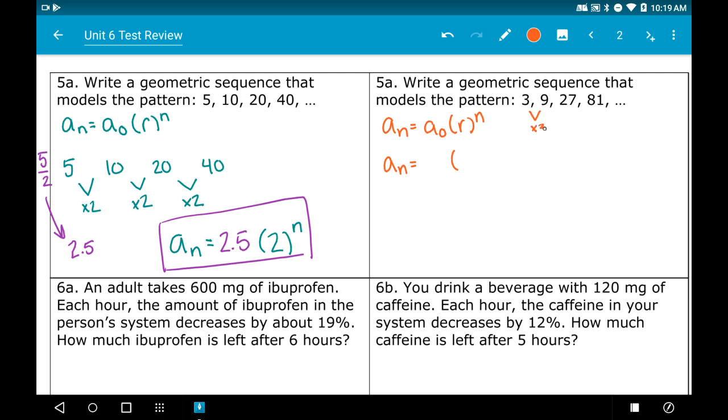Here it's times 3, times 3, times 3. So when you multiply by 3, that means our common ratio would be a 3 here. But now if I go backwards, I'm not multiplying by 3, I need to divide by 3. So 3 divided by 3 is going to be 1, which means our 0 term is 1. So that would be the sequence that represents that pattern.